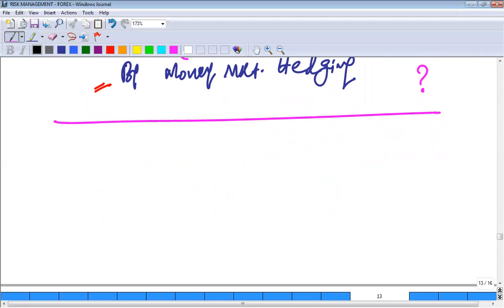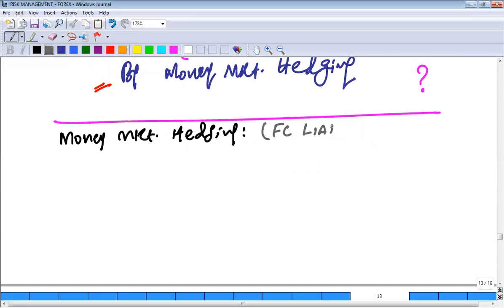So candidates, listen carefully. Money market hedging. Number one, first step, that is all about foreign currency liability. Payment means liability.